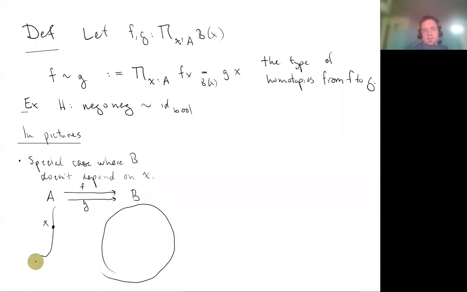So if I think of A as this little line segment, the image will probably look like some sort of line in B. Maybe this is the course of values of F, and this is the course of values of G. And let's say F of X ends up here, and G of X ends up here. So this homotopy gives for every X a path or an identification in B from F of X to G of X. You have this everywhere.